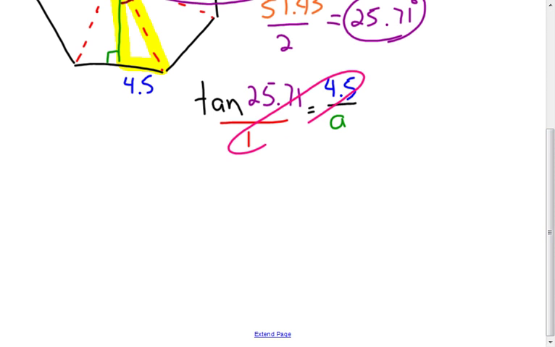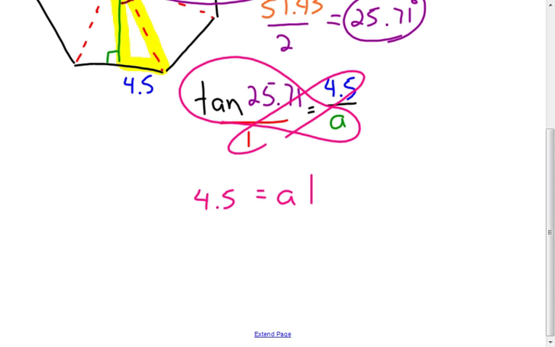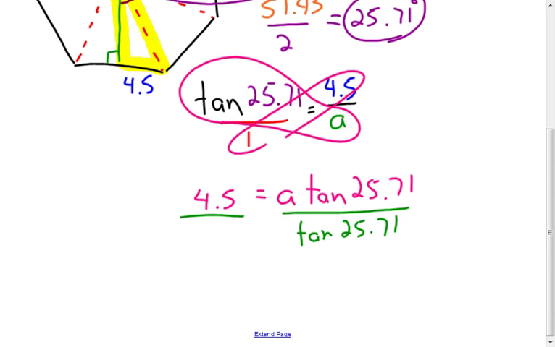If I go this way, I'm going to get 4.5 equal to, and when I go this way, I'm going to have A times the tangent of 25.71. Now all I need to do is divide both sides by the tangent of 25.71, and I'll have it.